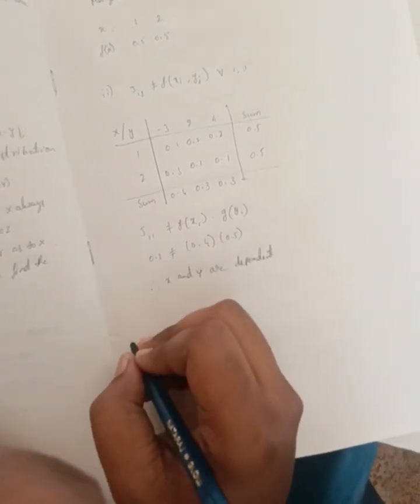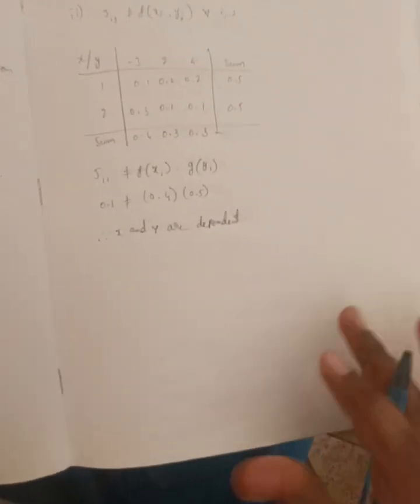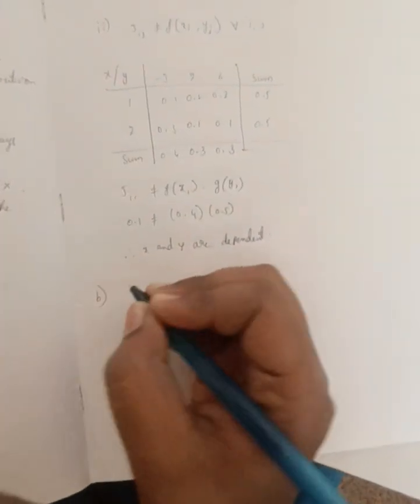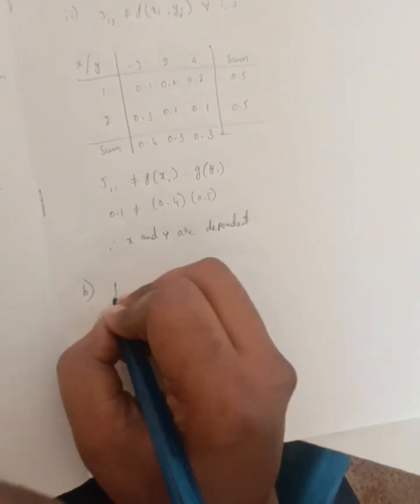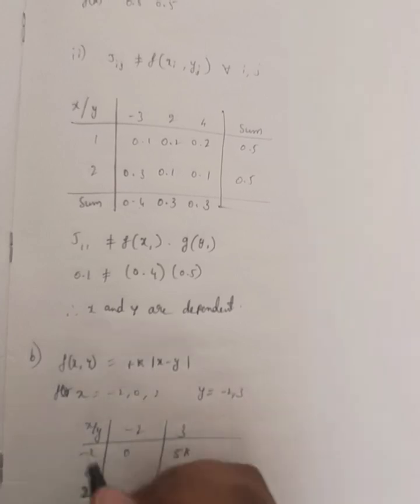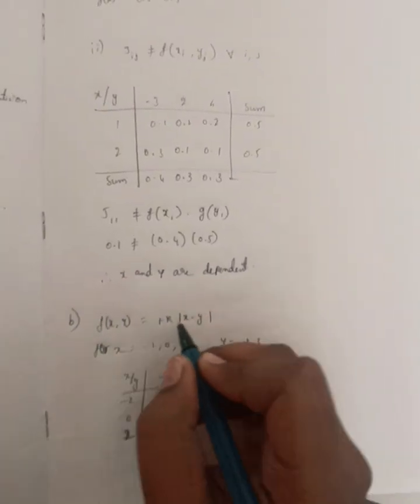Next, B. Determine the value of k so that the function f of x, y equals k times mod of x minus y, for x equals minus 2, 0, 2 and y equals minus 2, 3, represents the joint probability distribution of X and Y. Also determine the covariance of X, Y. Given f of x, y equals k times mod of x minus y.